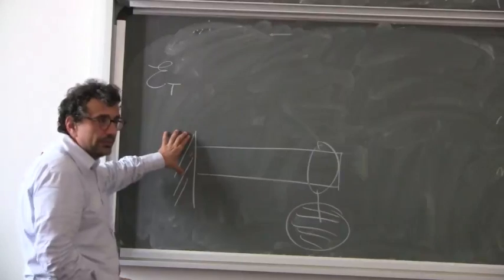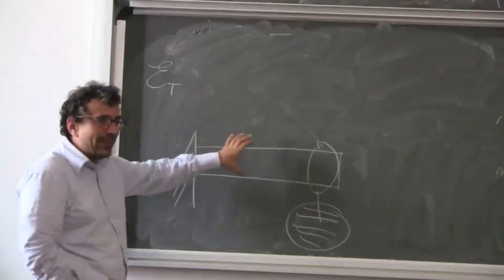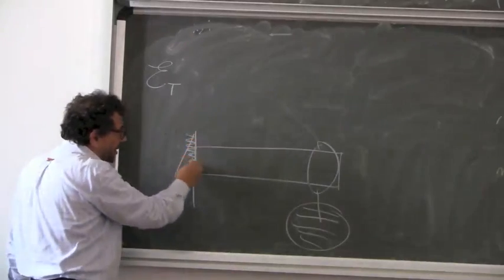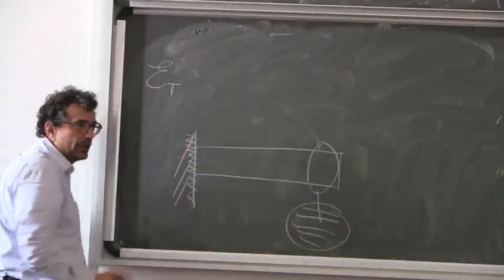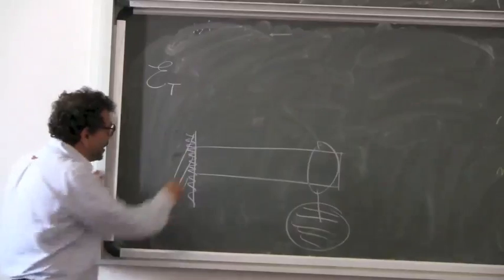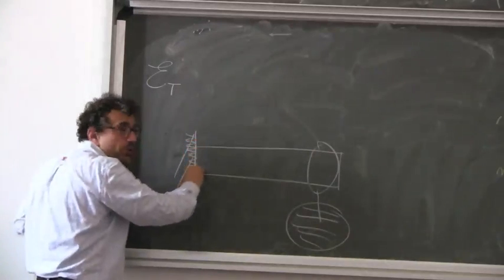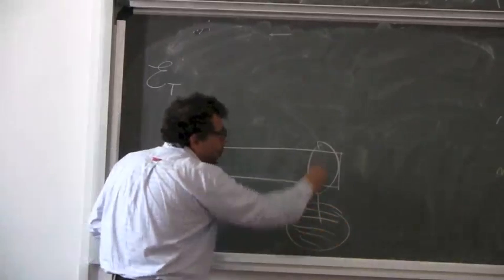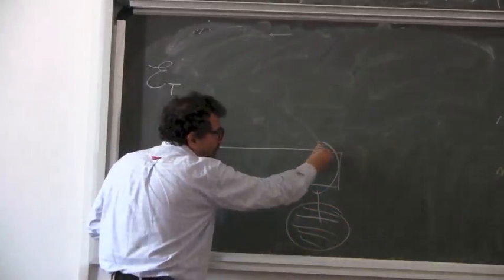Take a body in the shape of a cylinder, block this side of the body with a device so that all these points cannot move. Apply a load somewhere here.